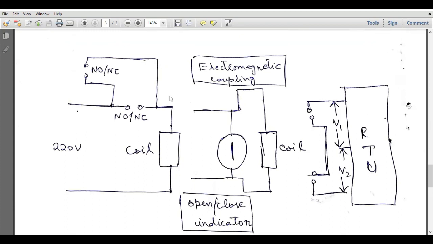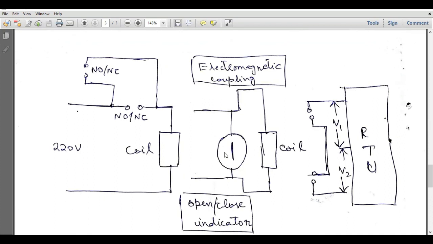This is the circuit diagram of this technology. Here we have 220 volts and two switches. There is a coil, and that coil is coupled with this coil through electromagnetic coupling. This is the open or closure indicator, and here we have the RTUs. You can see that there is an electromagnetic coupling.